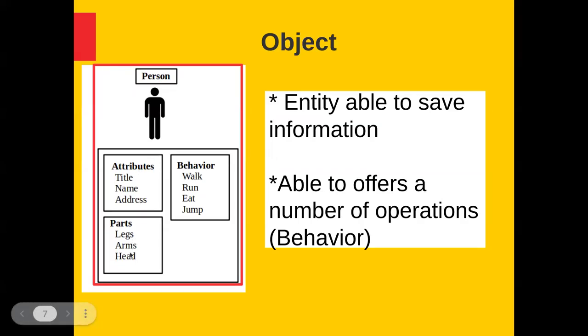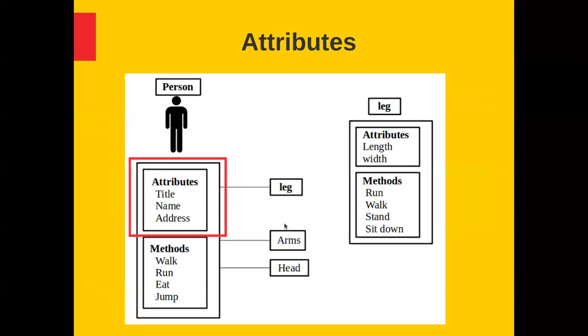So this is a has relationship. And behavior, we call it methods. Walk, run: how it is implemented in the object-oriented concept is called methods. Attributes: this person has legs, arms, head.